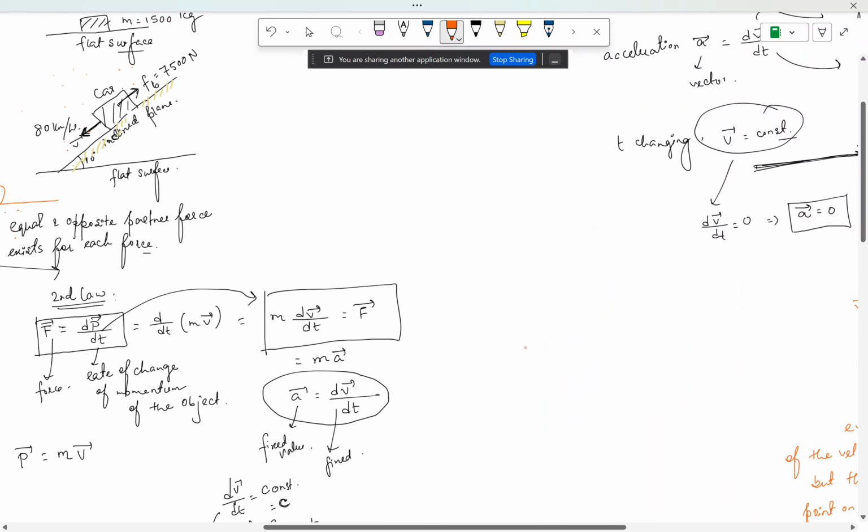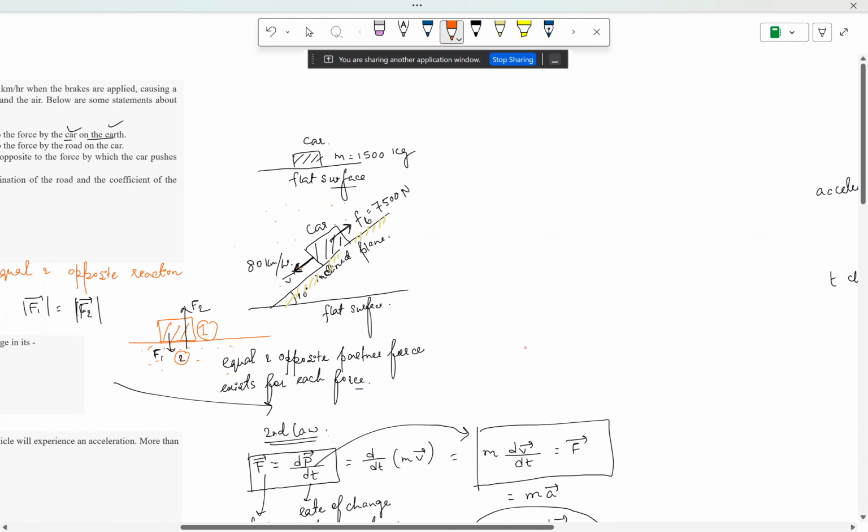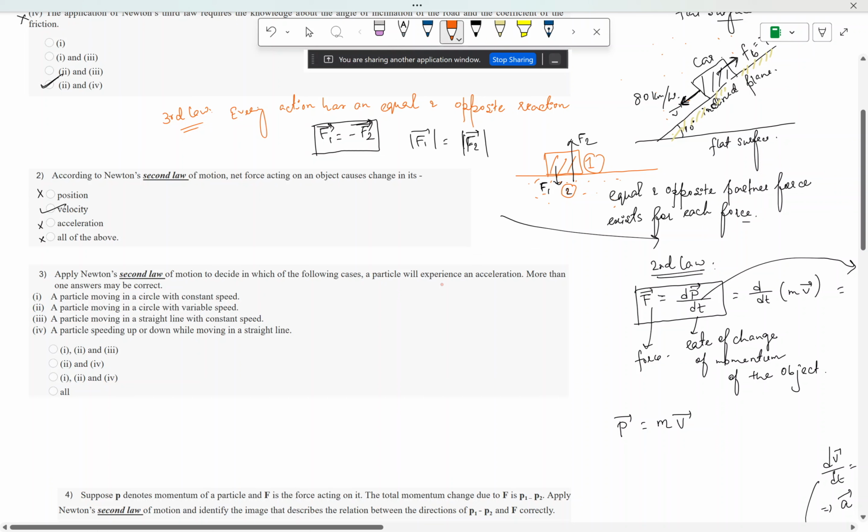So the first option given to you was whether a particle moving in a circle with constant speed will experience an acceleration. The answer is yes, it will experience an acceleration. The second option is a particle moving in a circle with variable speed. So it will obviously experience acceleration, because now the speed is also variable.